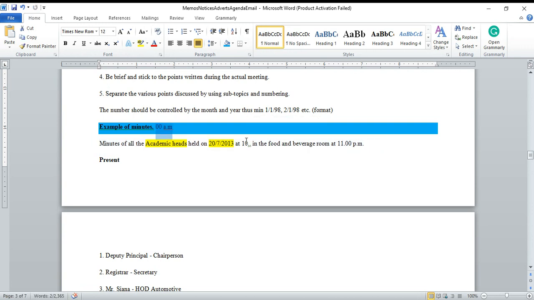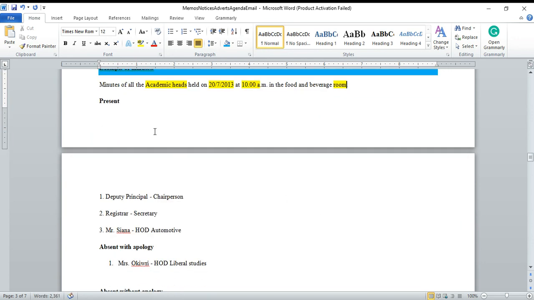So we have the date, the time, the title, and the venue. This should be held at 10 a.m. in the food and beverages room, so we don't need this one. This is an oversight.